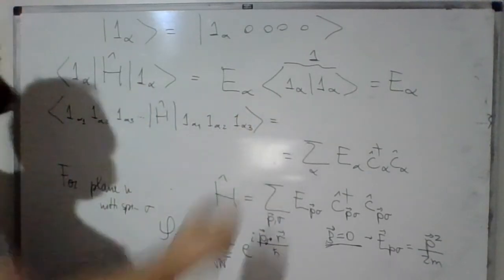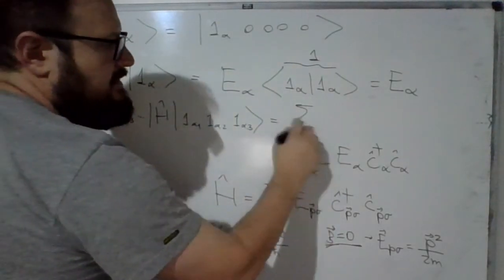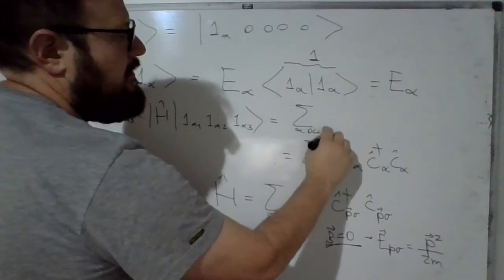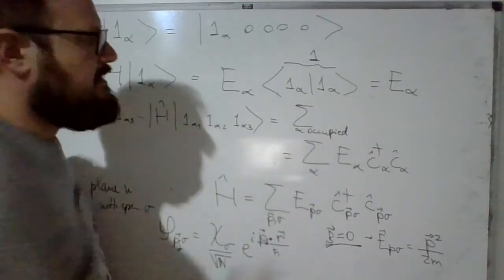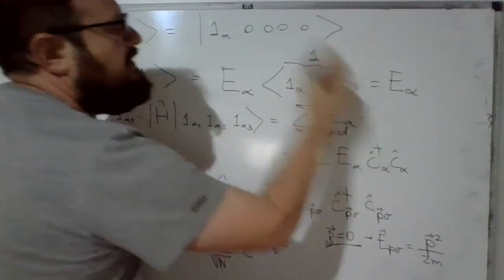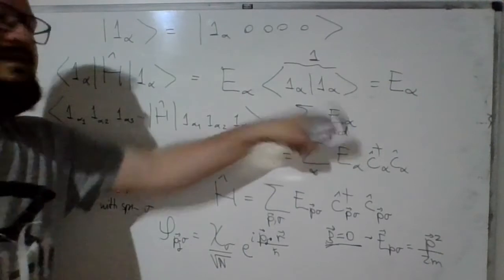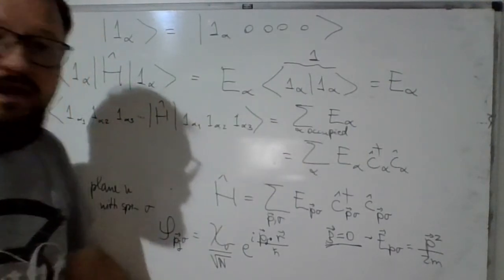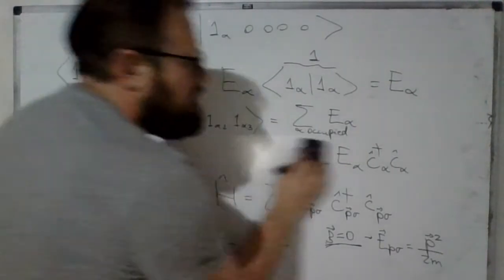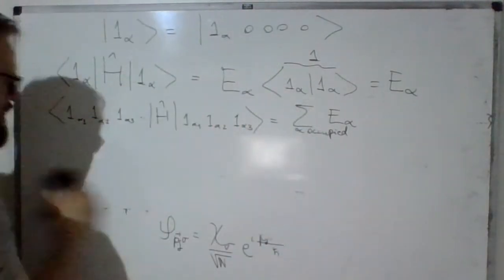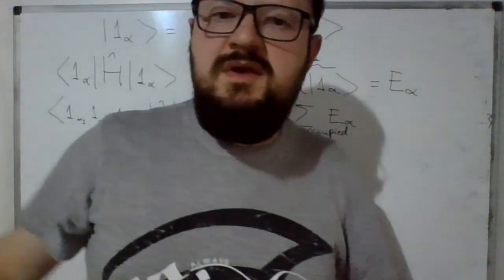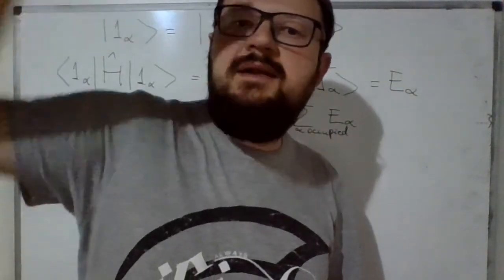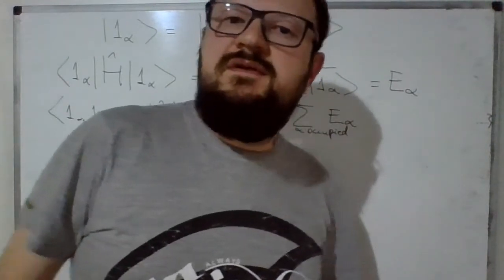What you will find out is just a summation over the alphas which are occupied, you just sum over all the states occupied, the energies of those states. It is just what you need to have for as many particles you have in the system occupying a given set of states.